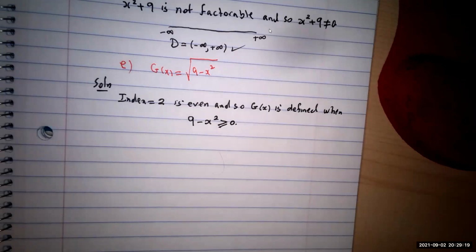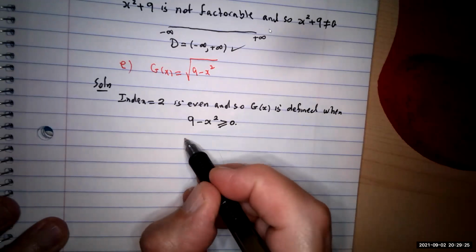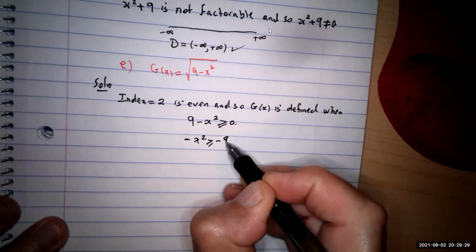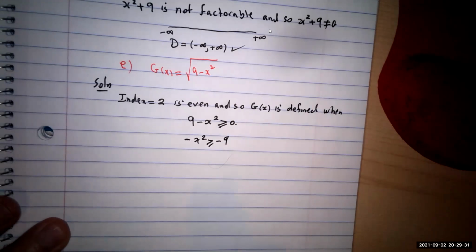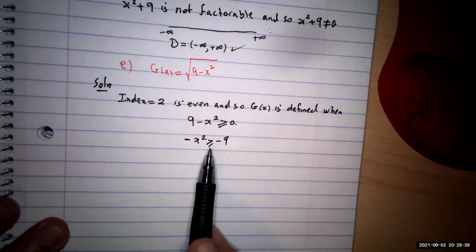Now you have to solve for x. We move the 9 to the other side, we subtract. Since it's a negative, I multiply both sides by -1. If you multiply the terms of the inequality by a negative number, remember you switch the sign.